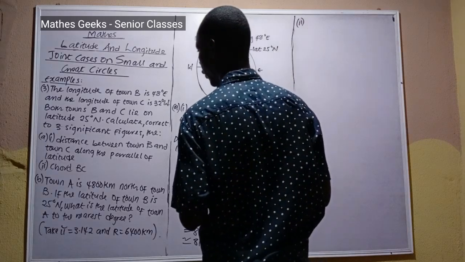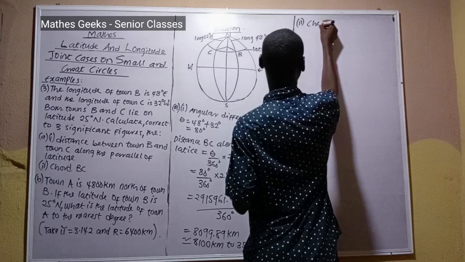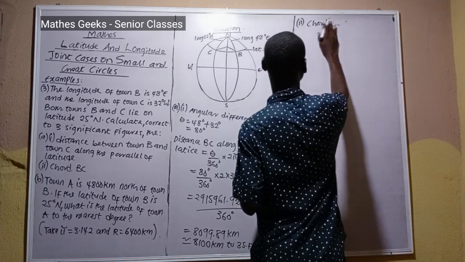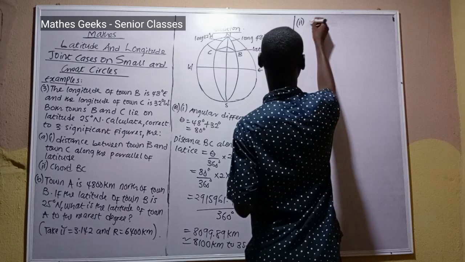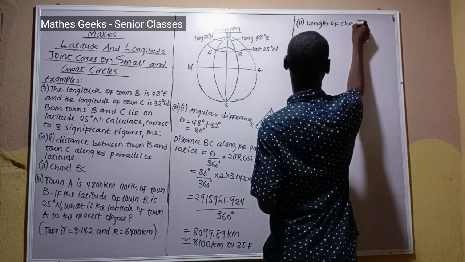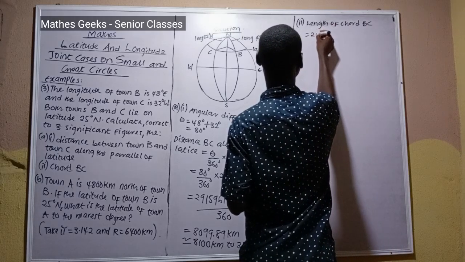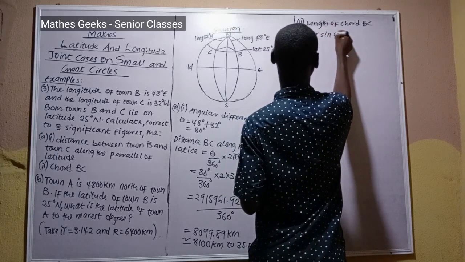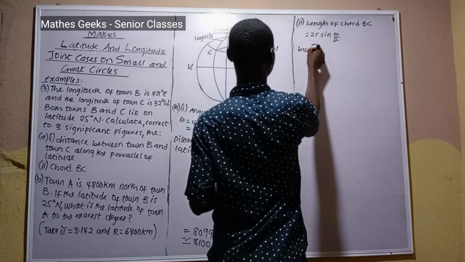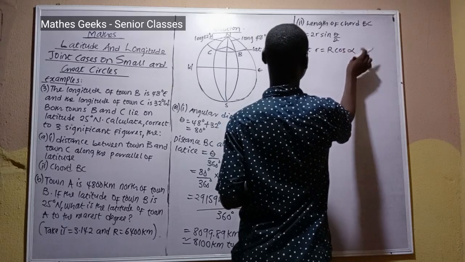Part 2 says chord BC. So the length of chord BC is equal to 2r sine theta over 2. But r is equal to r cos alpha.